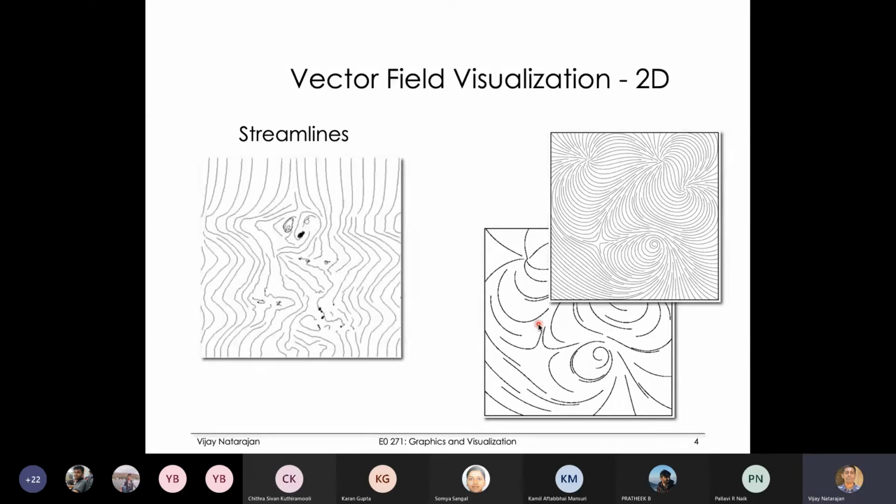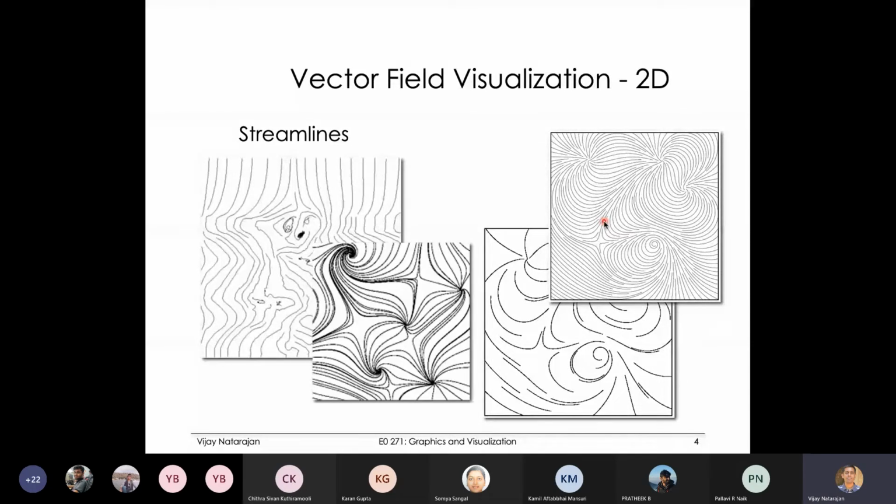Sometimes you want equally spaced streamlines. So here is a visualization of the same data with equally spaced streamlines. This is often useful when you want to understand the overall behavior. In other cases, you may not want equally spaced. You may want streamlines that focus on the features of interest.